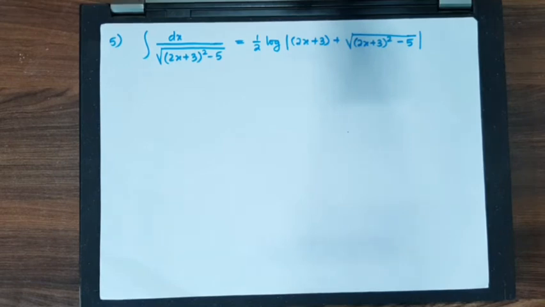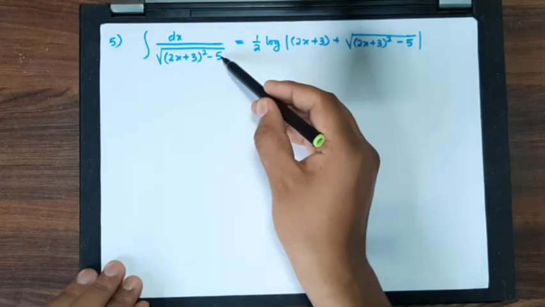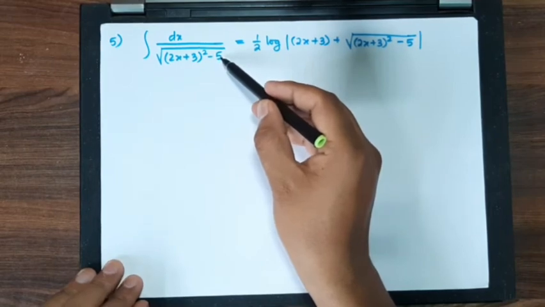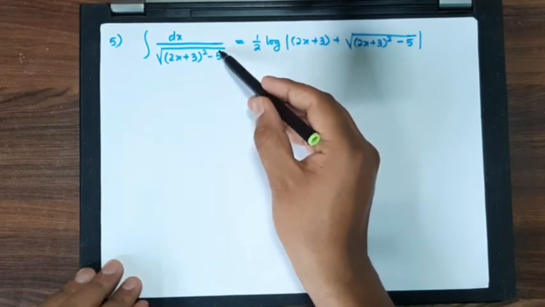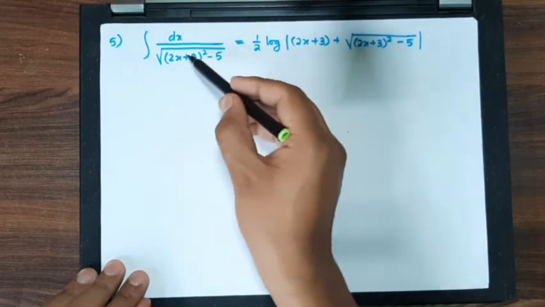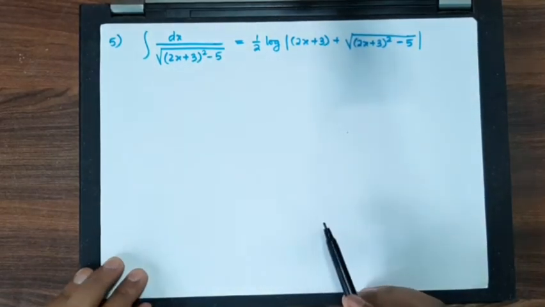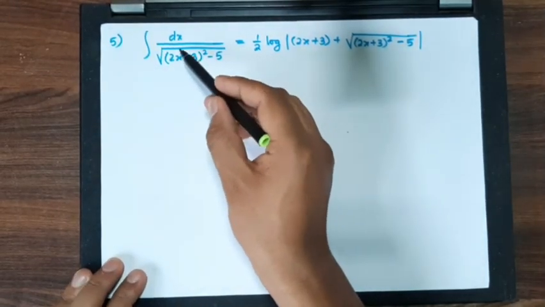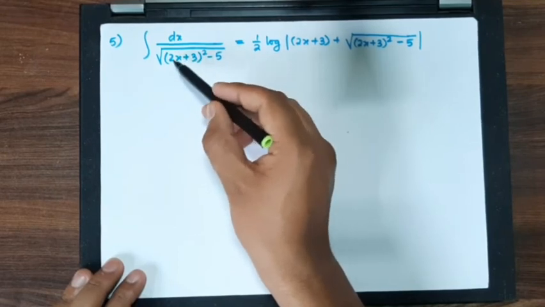Now let us move on to the next question. Again, if I want to reduce this into standard form, I need to have, see, this can be written as a square because this is the constant term, and the variable term here is 2x plus 3 whole square. But as I said earlier, this has to be x square, right?